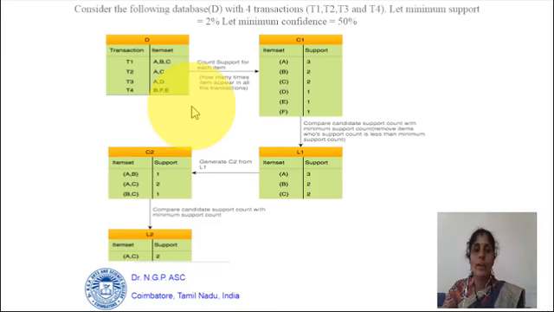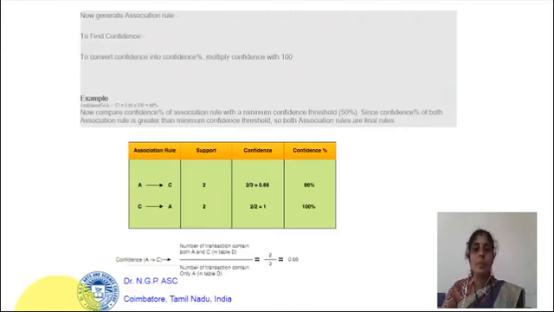We are providing the minimum support based upon the transaction ID and the items the persons have bought. Based upon that, the minimum support and the minimum confidence can be calculated. And the same thing, based upon the previous slide, here we can find the confidence level of that particular item. Now we can generate the association rule here.